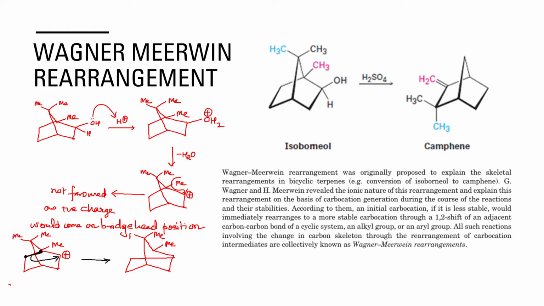You get this. And then this methyl loses a H plus and you get your camphene molecule. This comes over here and you end up getting this camphene molecule.